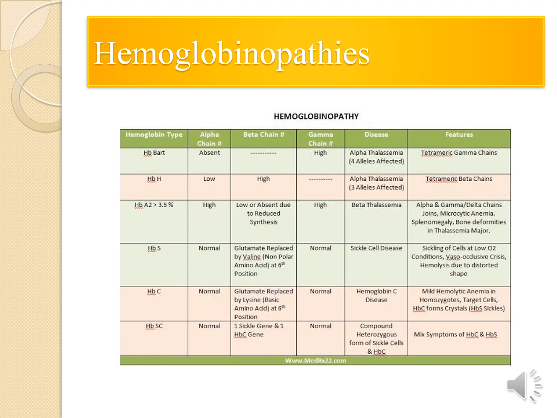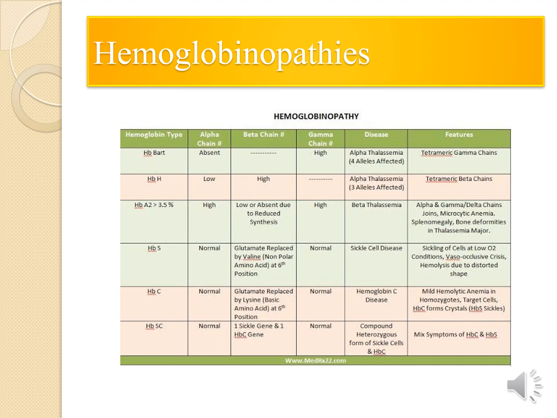This slide shows the hemoglobinopathies, which are diseases of patients having abnormal types of hemoglobin. These are the types: HbA, HbA2, HbS, HbC, and HbSC.